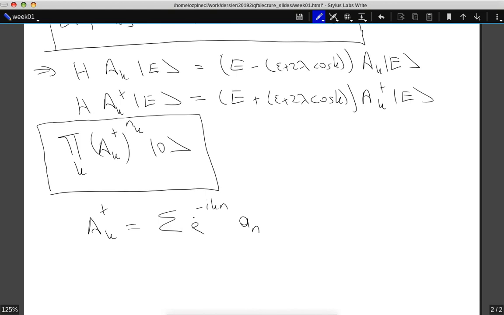I can invert this if you like. An dagger, well, with certain normalization factors, which I'm leaving aside.